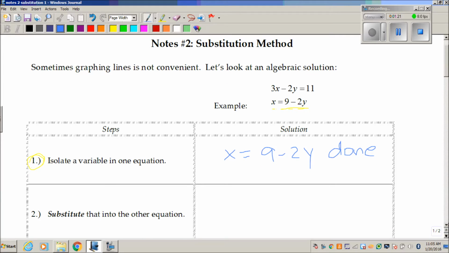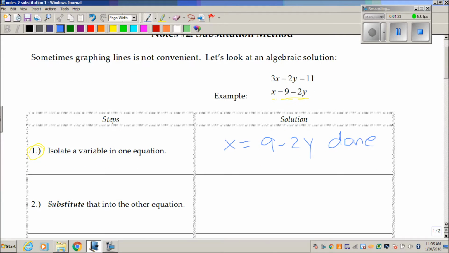Now the next step is, once one of the variables is isolated, I'm going to take that expression and substitute it in place of x in the other equation, because this says that 9 minus 2y is equal to x.